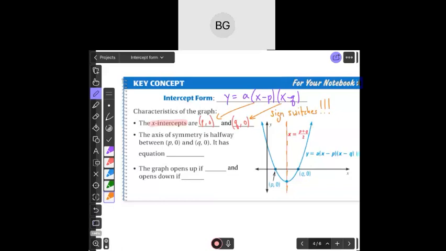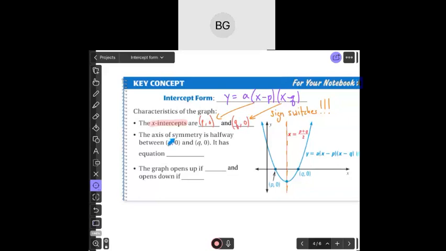If that said x plus 3, then this would be negative 3, 0. If this said x minus 4, this would be positive 4, 0. Okay? So as we pull the numbers out of the problem, we switch their signs. That's the only sign switch we make. We have to pull it out.